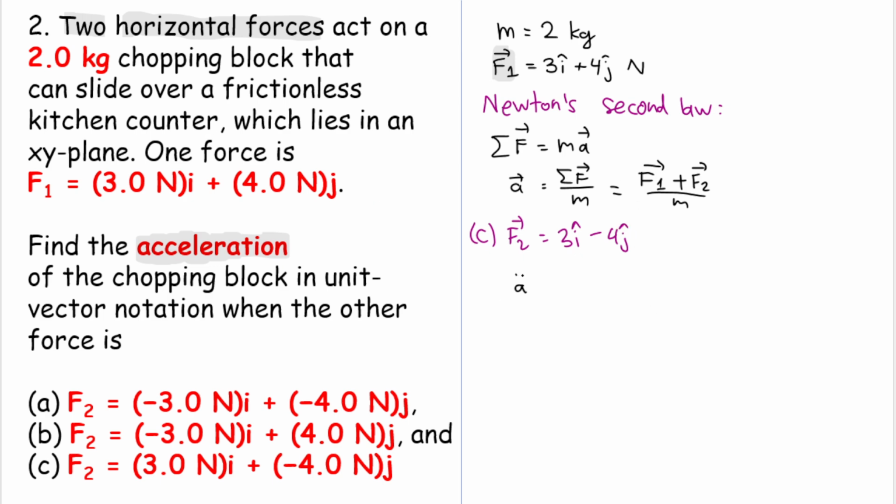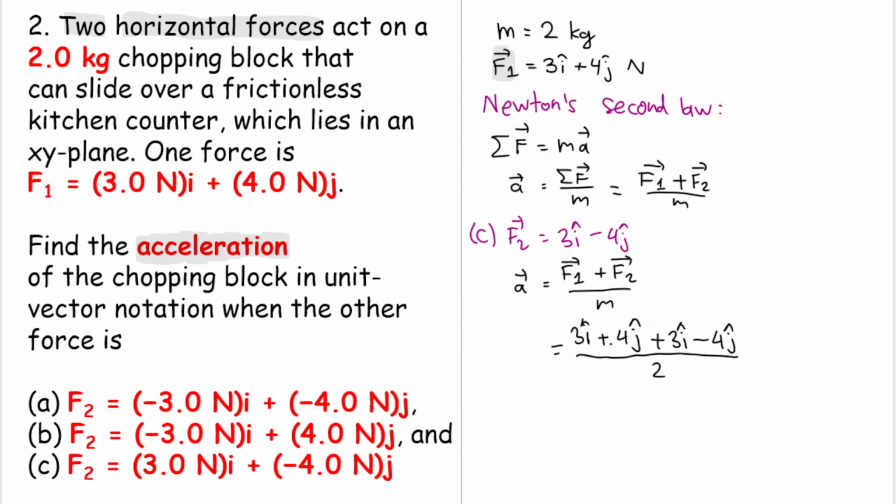So our acceleration here is F1 plus F2 divided by the mass of the block. We will have F1 as 3I plus 4J, and F2 as 3I and then minus 4J, divided by 2 kilograms, the mass of the block.